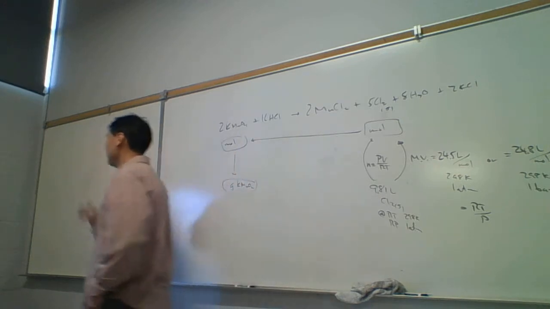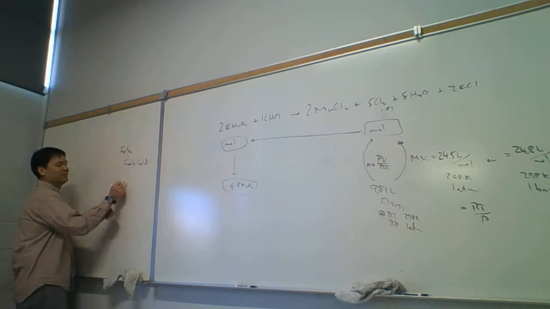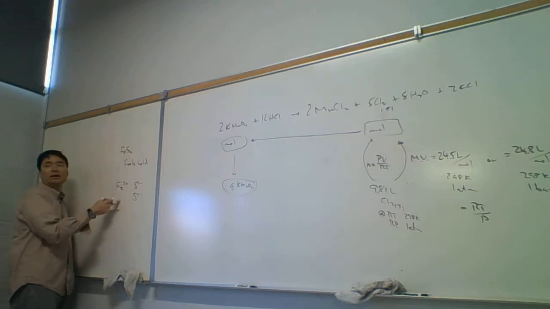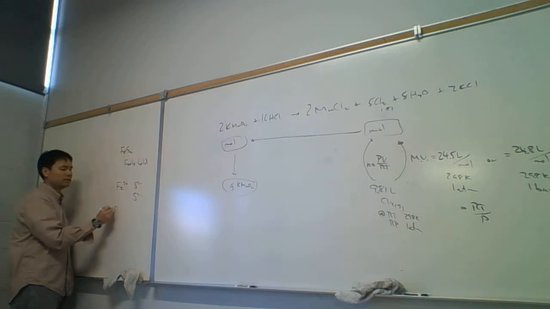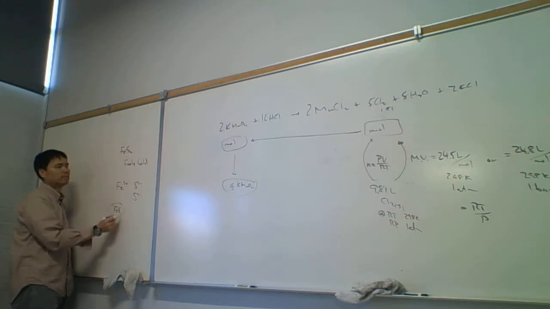Iron 2 is Fe2+ and sulfide is S2-. So it cannot be iron 2 sulfide because the charges don't cancel each other out. Iron 2 sulfide is FeS. That's iron 2 sulfide, FeS.